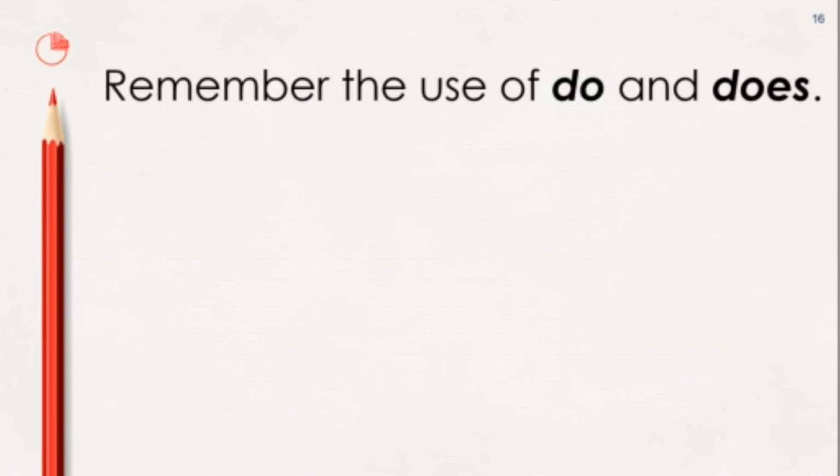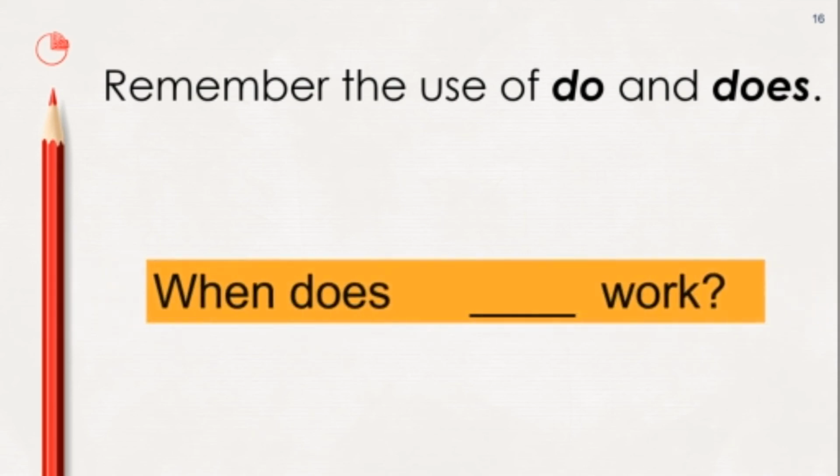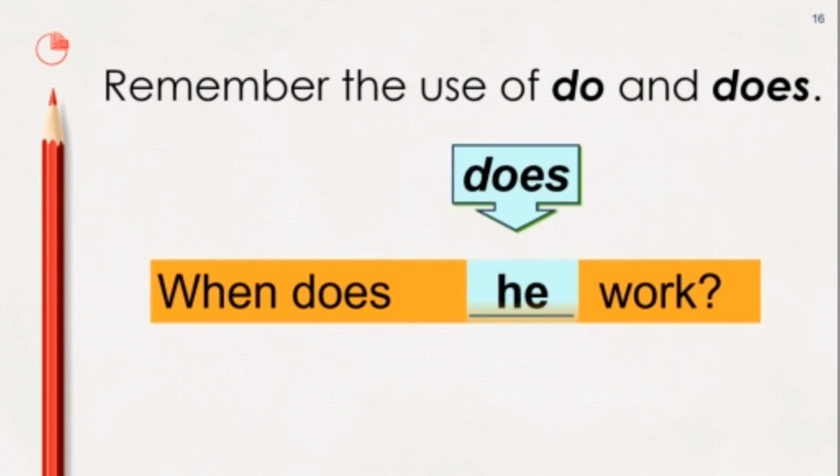But for a third person in the singular, in questions, in the simple present we use the auxiliary does. When does he, she, it work? There's no pluralization in the verb because we use auxiliary does. When does he work? When does she work? When does it work?